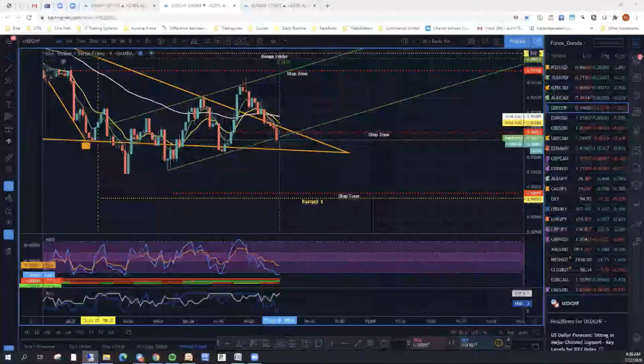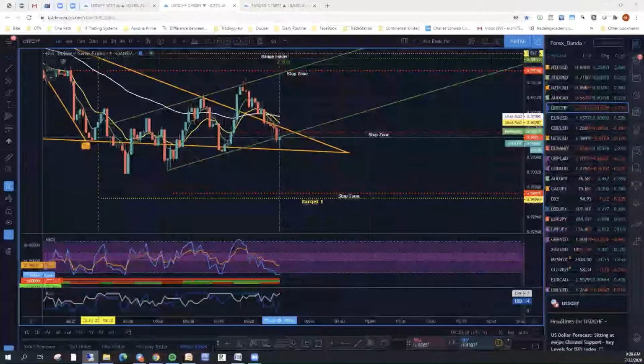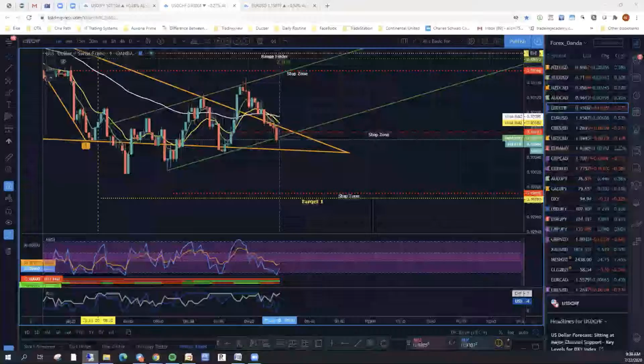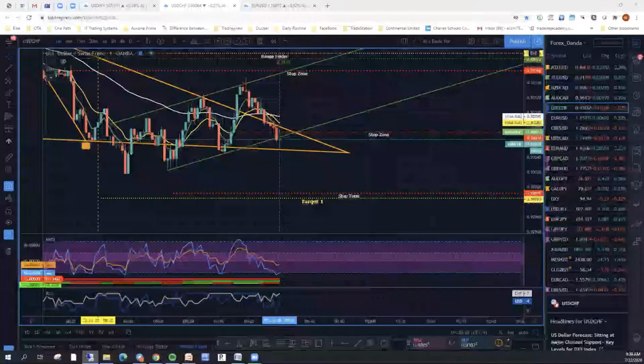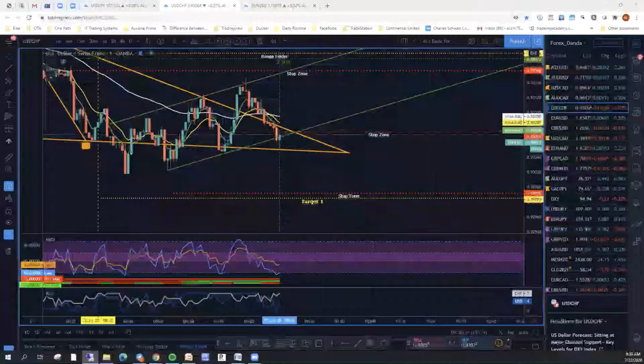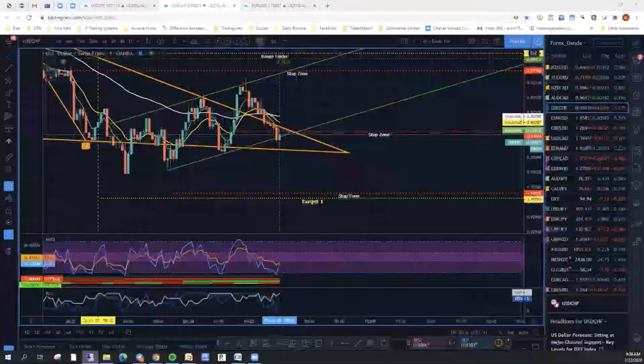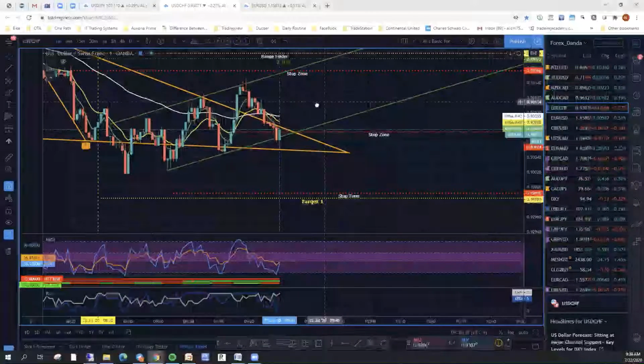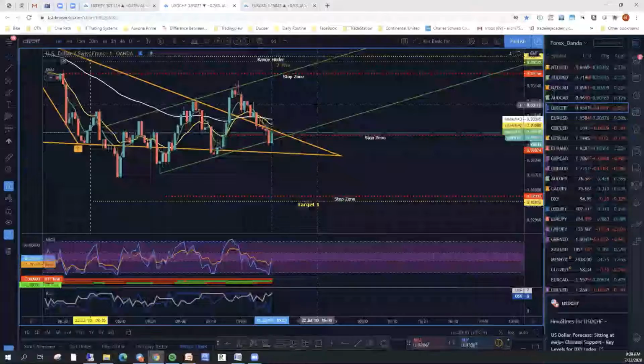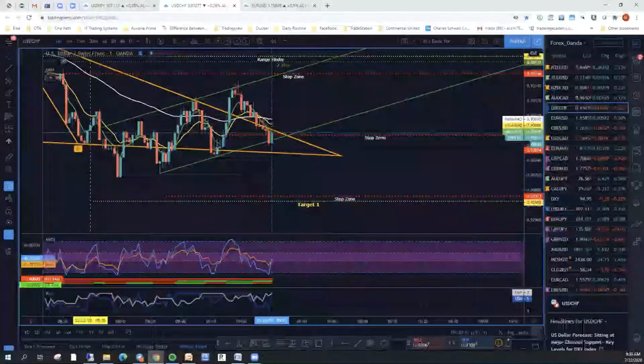This is the start of a brand new 30-minute candle. And now we've got dueling trend lines. We've got that wedge, which I really like, even though it's broken out of the bottom a couple times and out of the top.